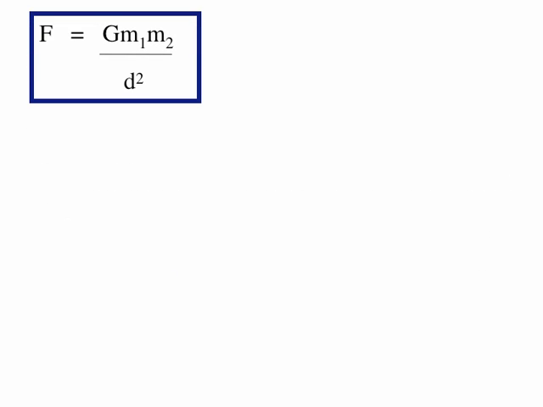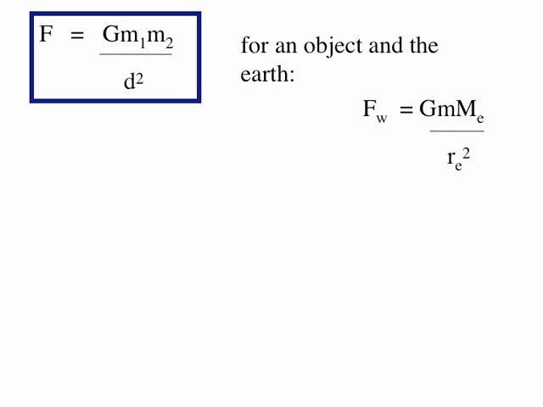Turning that equation back together, we get an equation for Newton's universal gravitational force of attraction between any two masses: the proportionality constant times the product of the masses divided by the distance between the centers squared. So for an object and Earth, that would be what we call weight force.